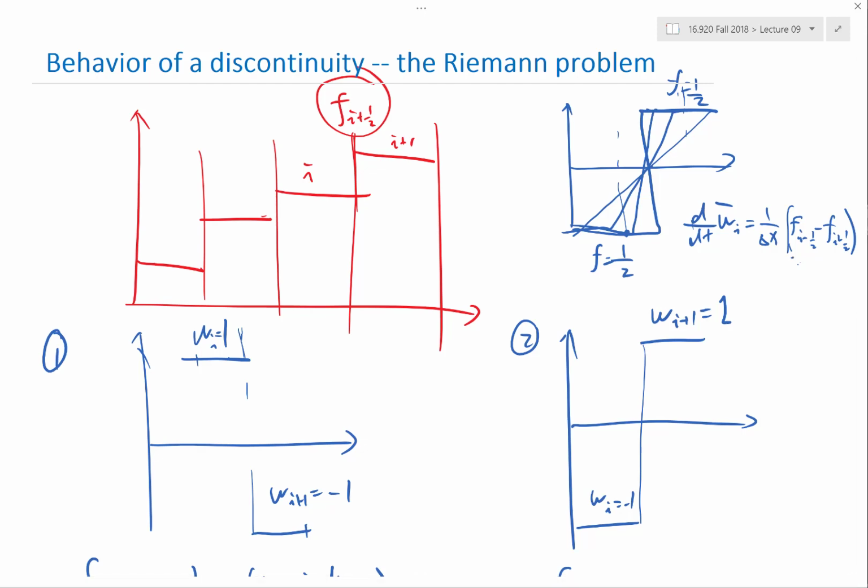So for this to increase, Fi plus half has to be less than half. This is half, this has to be less than half, for the Wi to increase. And if you do the same math for I plus 1, you find the same conclusion: Fi plus half has to be less than half. So less than half, but exactly what should it be?